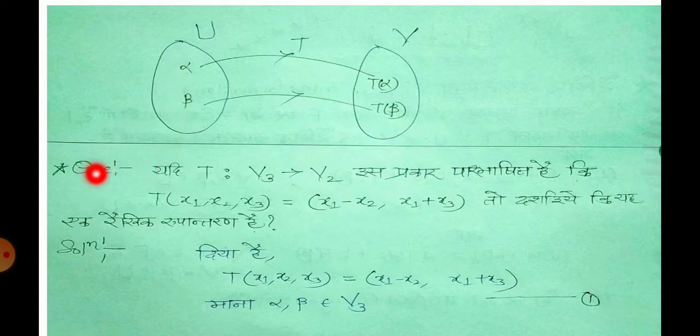Now we see a question. Suppose capital T from V3 to V2 is defined by T of x1, x2, x3 equals x1 minus x2, comma, x1 plus x3.